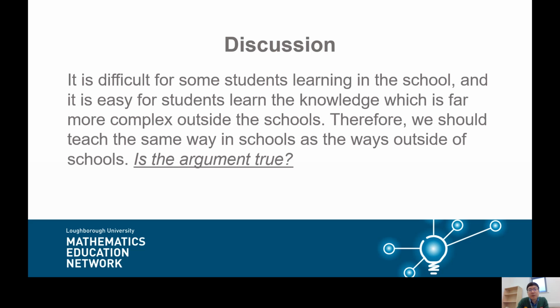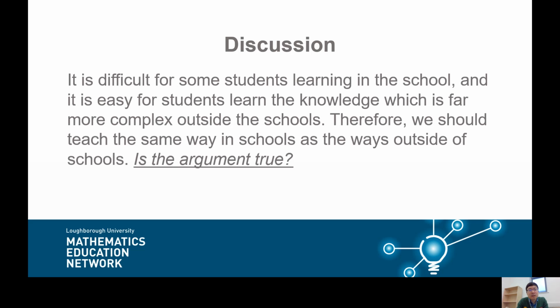Okay, so after introducing the knowledge categorization and human cognitive architecture, to end chapter 1, I would like to bring up a discussion. This statement has been in education for decades.